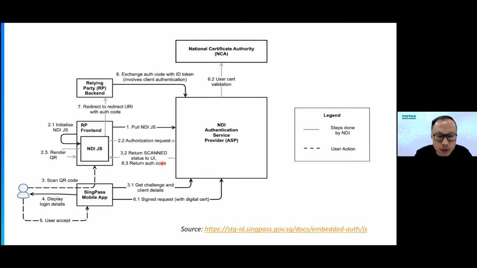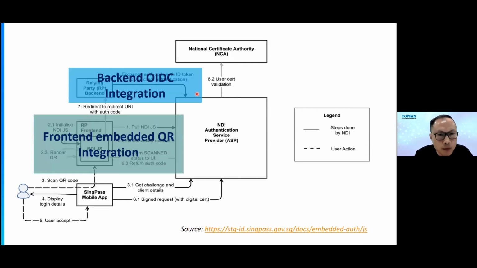But in general, NDI provides a JavaScript to take care of the front-end side of the integration, and for the back end, you have to take care of it yourself. I'm not trying to explain this complex diagram, but in general, there's a front-end side of the embedded QR integration and the back-end side of the OIDC integration. Our product covers both the front end and back end, which I'm going to share with you shortly.